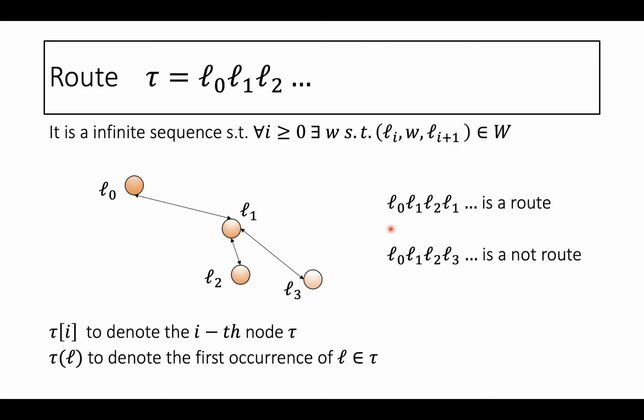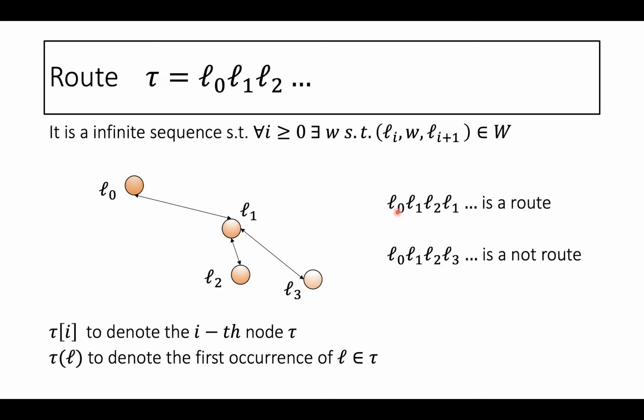We then define a route. A route is an infinite sequence of locations. The important characteristic of the route is, of course, that for each pair of consecutive locations in the sequence there should be an edge. So you can see here two examples.